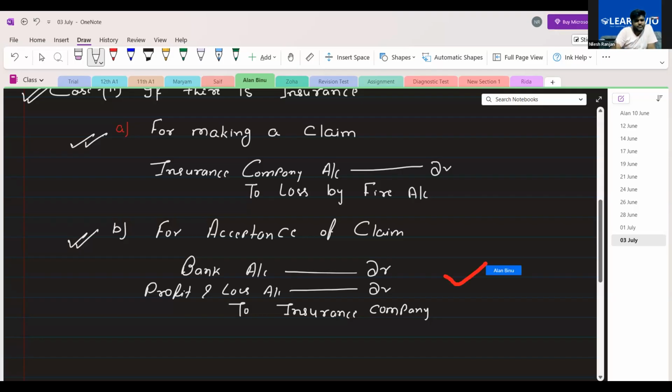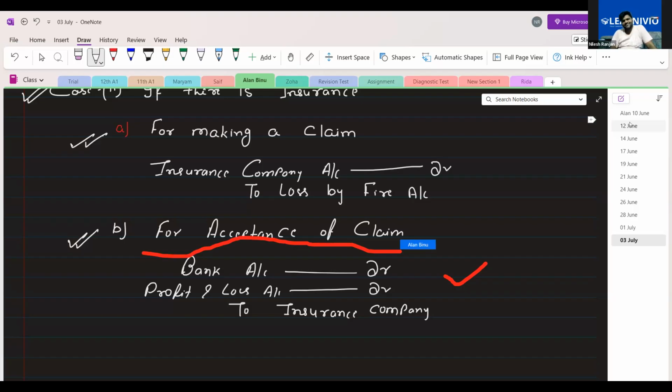So here, this journal entry is basically for acceptance of claim and paid only half amount, right? Yes. And then for acceptance of claim and paid full amount is bank account debit to insurance company account. Yes. So here, if I write this equation, then I'll think that this is for acceptance of claim for both full amount and half amount.